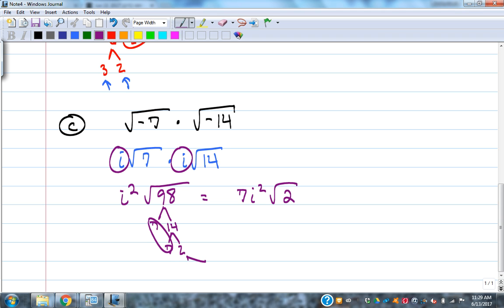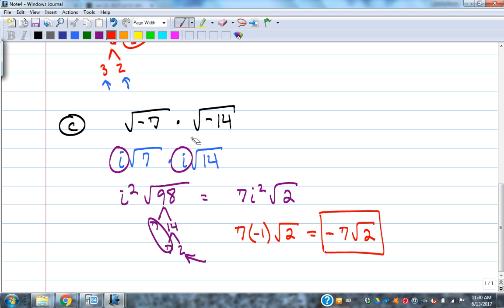The 2 comes from the 2 that's left over, the 7 from the pair of 7s. What do I know about i squared? It equals negative 1. So I'm really going to have 7 times negative 1 times the square root of 2. But 7 times negative 1 is just negative 7 radical 2. Negative 7 radical 2 is what I've got there.